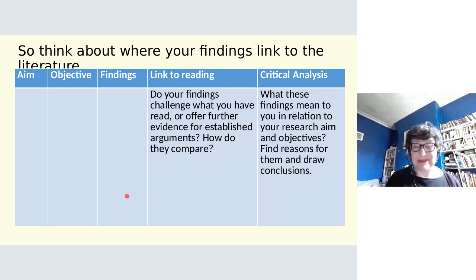Then through your literature review, every time you come across a piece of reading that either supports or challenges your finding, highlight it in that colour. So maybe finding 1 is blue, finding 2 is yellow.